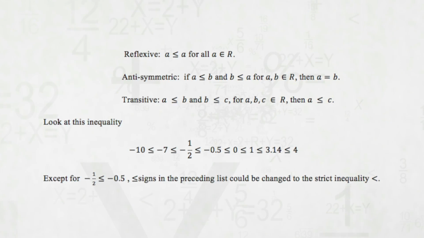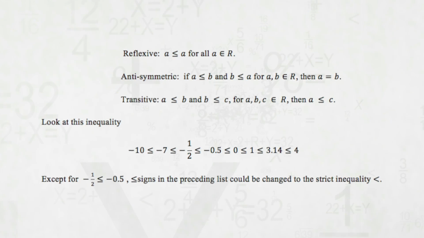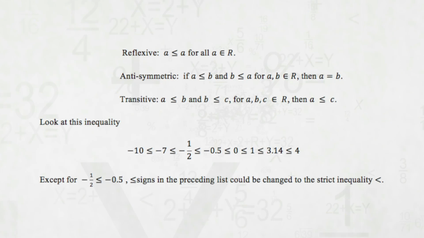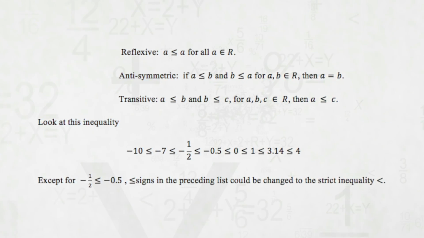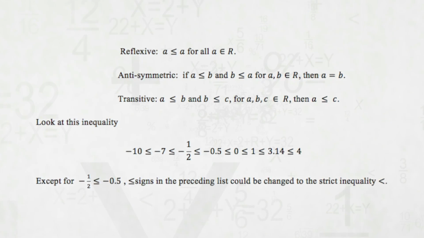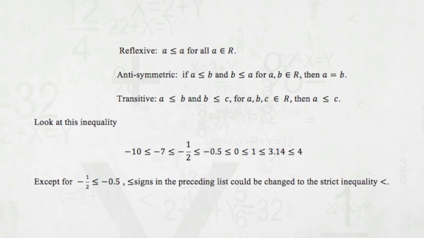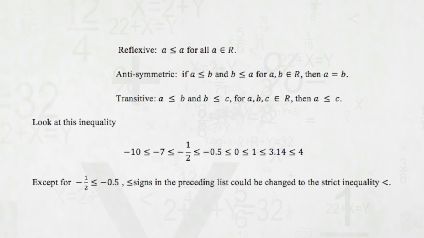And then antisymmetric: if a is less than or equal to b and b is less than or equal to a for all a and b belonging to real numbers, then a is equal to b. Next, transitive: when a is less than or equal to b and b is less than or equal to c for all a, b, c in the set of real numbers, then a is less than or equal to c.